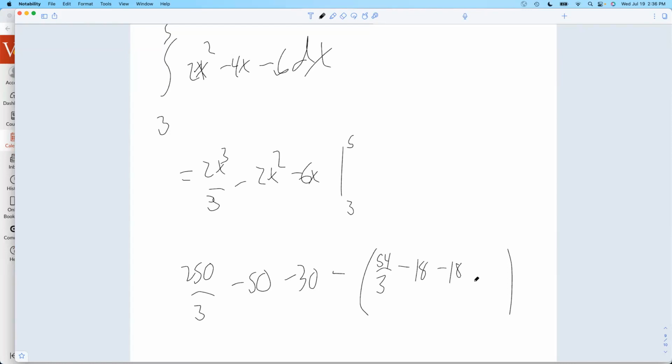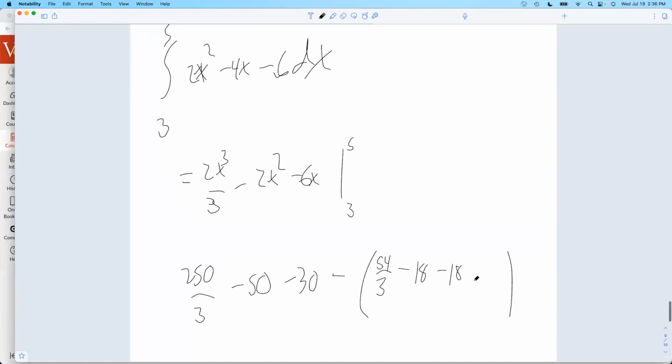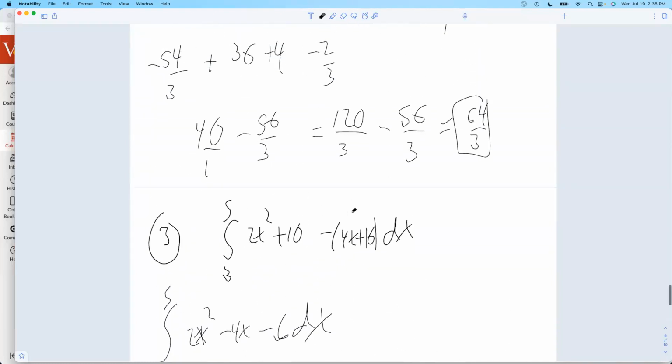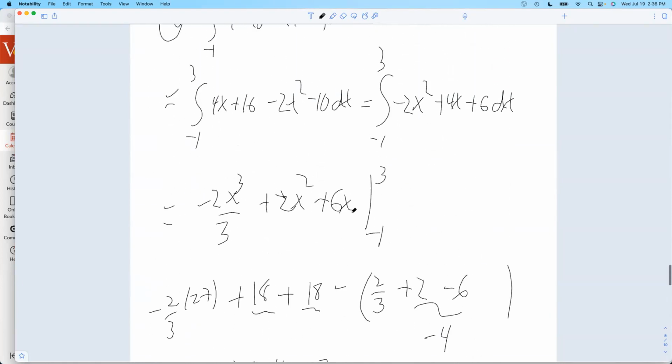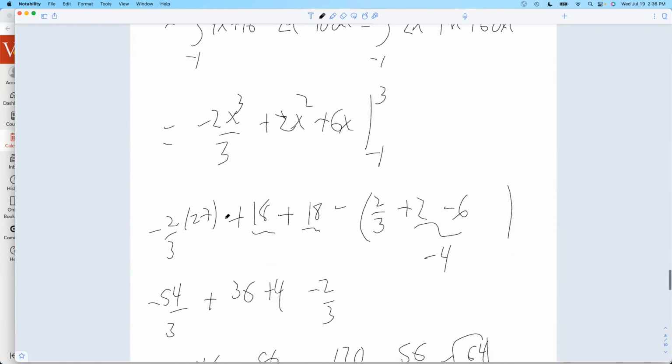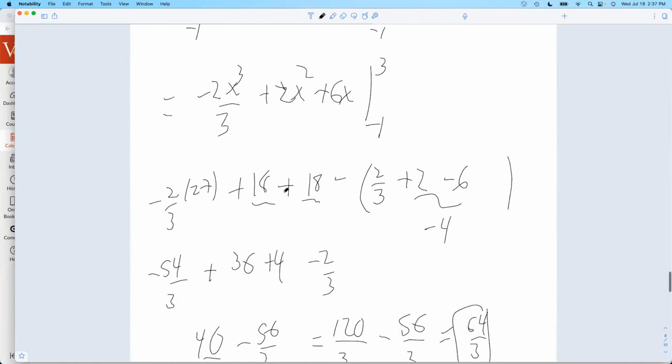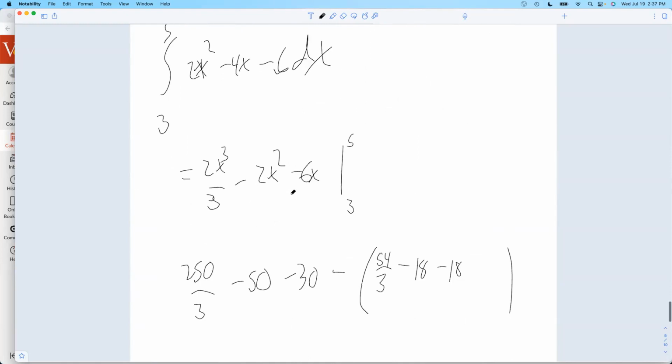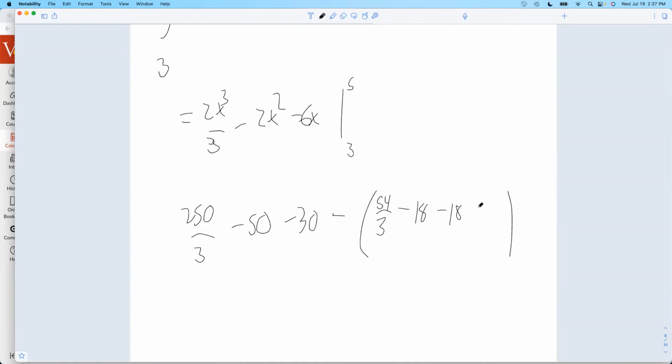Now, I remember when I first learned this, thinking, well, whatever I get when I plug in 3 here is going to be the same as when I plugged in 3 in this one, and those will cancel. You'll see, look, they're not canceling out. These were plus 18, plus 18. And look what I'm going to get here. They're not canceling out because we swapped the order.